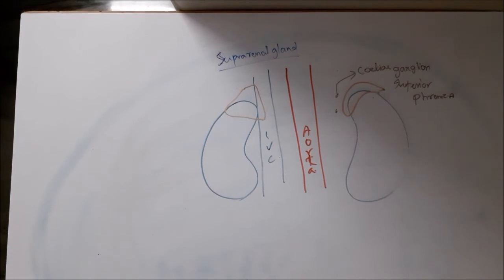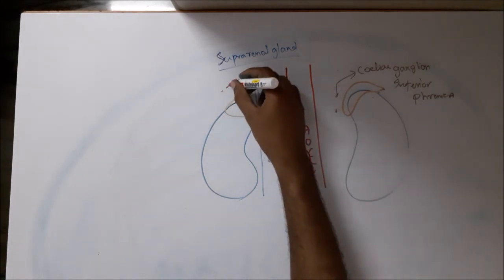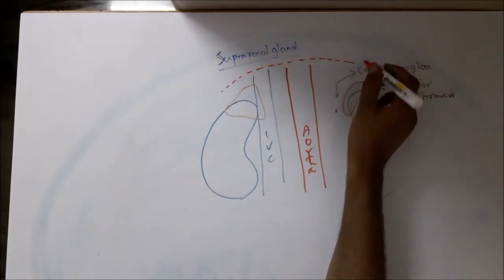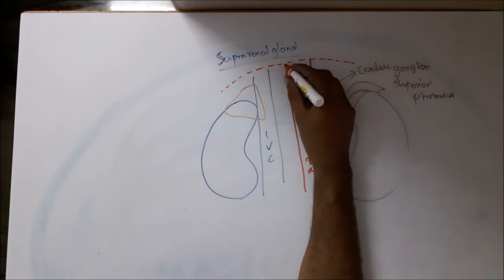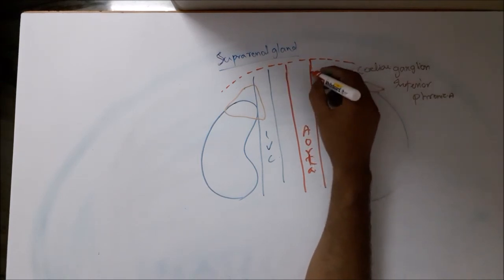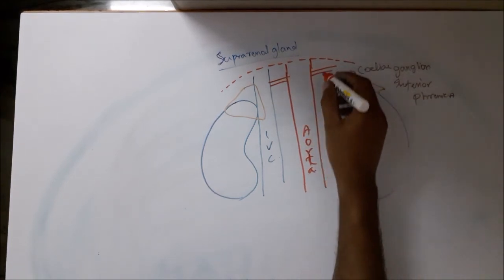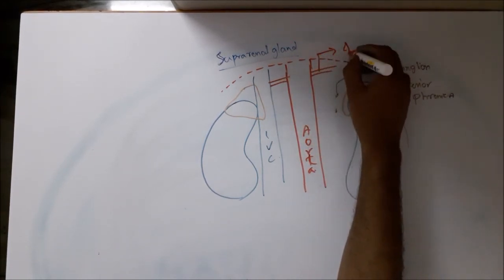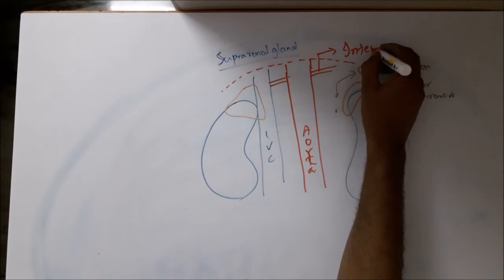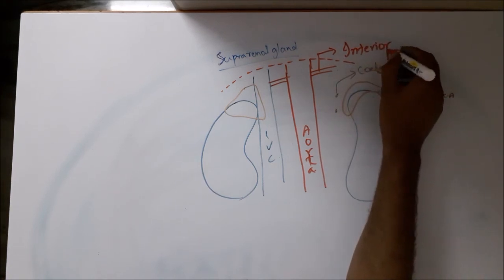Then coming to the arterial supply, the abdominal aorta will be coming down after piercing the diaphragm, right? As soon as it pierces the diaphragm, below that there is an artery, that is the inferior phrenic artery.